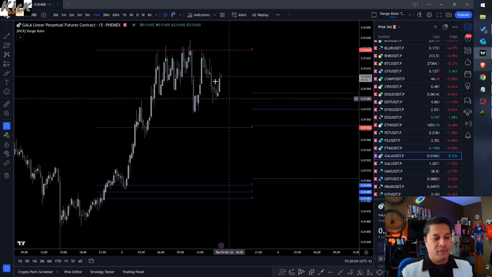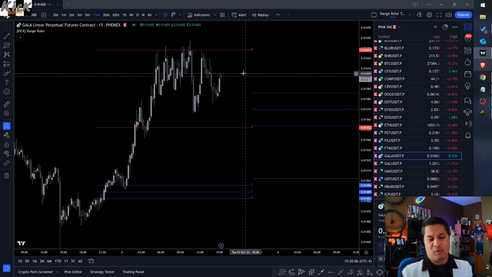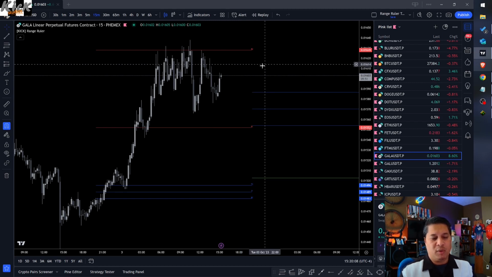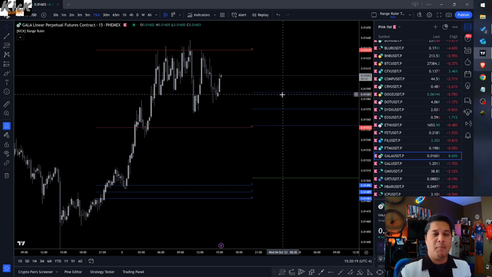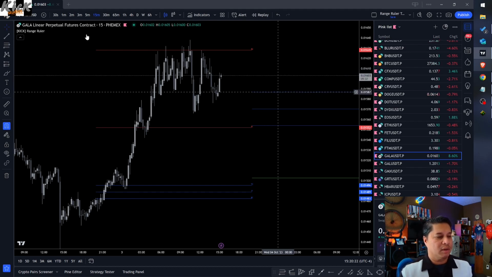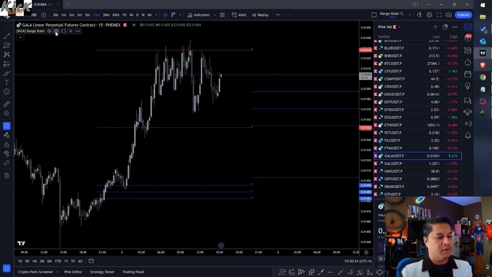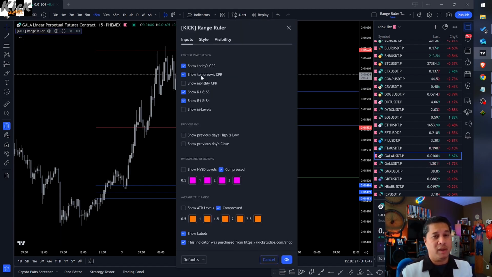Or if it looks like we're going to open the next day above where the CPR is projected, that's going to be a virgin CPR again, which means it's highly likely that the price will come back down at least to the top channel. So there's a couple of ways you can play with that, and that's why we have that feature in there to see tomorrow's CPR, even though the values will move.